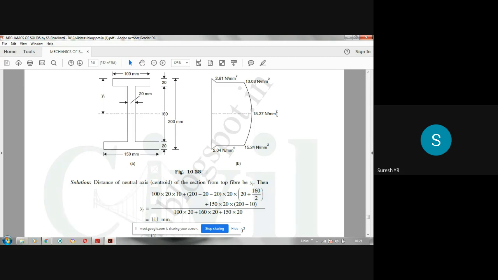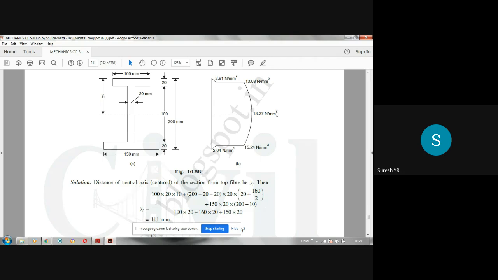Starting from module 2, thick cylinder and thin cylinder, you need not study that. Plane stress and plane strain, the problem I gave in the first test, I am not going to give a problem on that. But in module 2, thick cylinder and thin cylinder derivation and problems I have done. Then module 3, bending moment diagram and shear force diagram, complete.